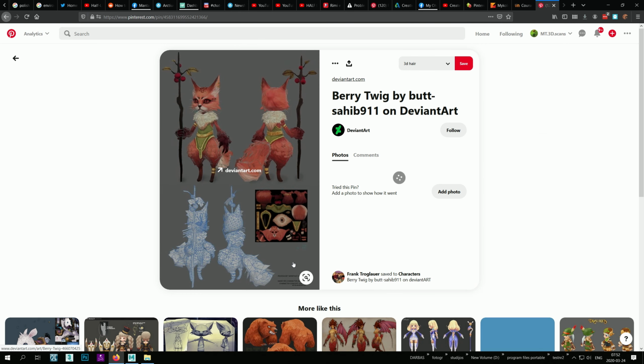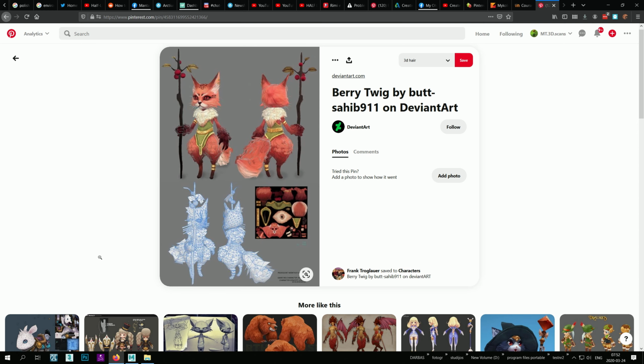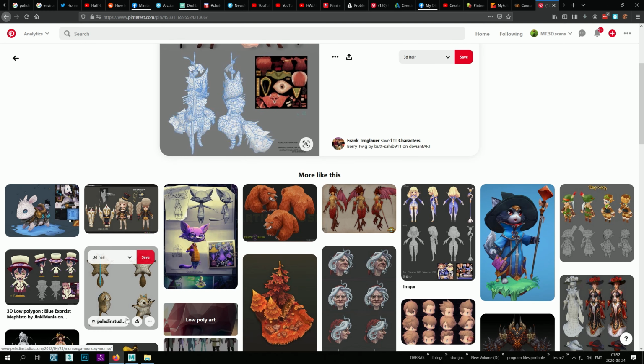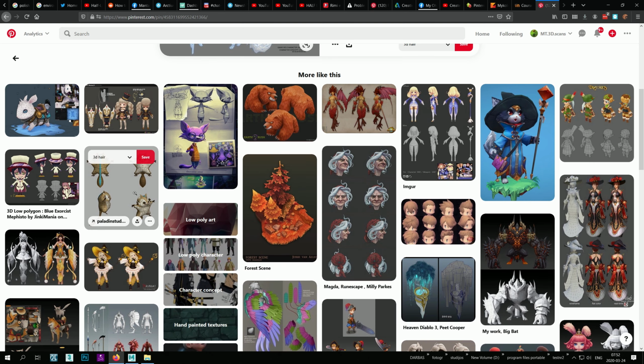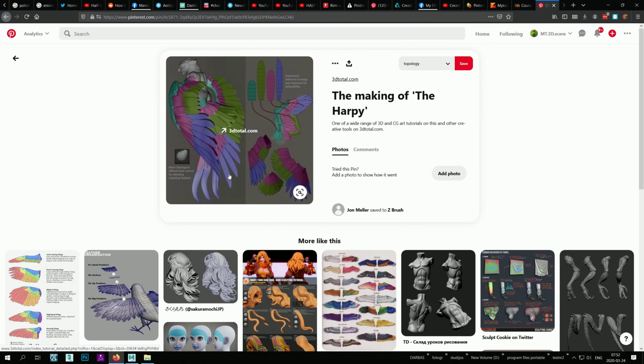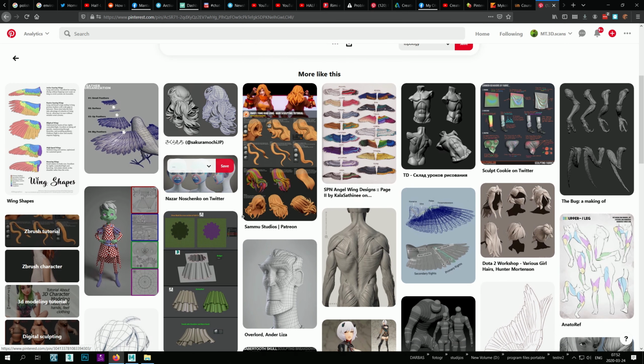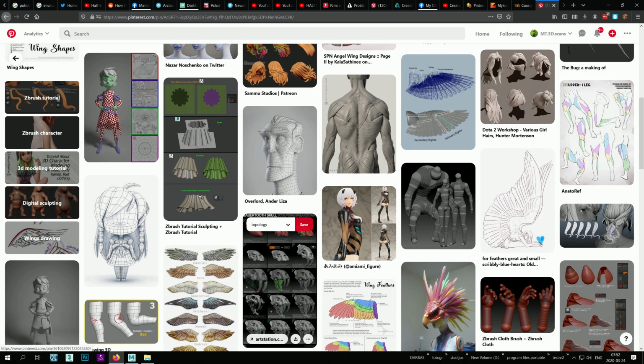Another thing, of course, you would not only use it for hair. Any fur, any feathers could be approached the same way. Here we have feathers. That's when we model all the feathers, when we need a complicated wing scenario.